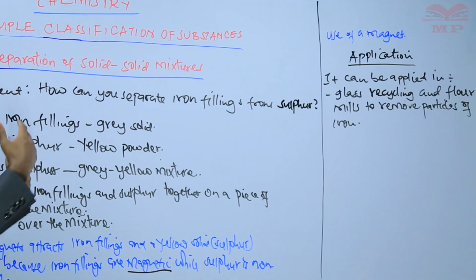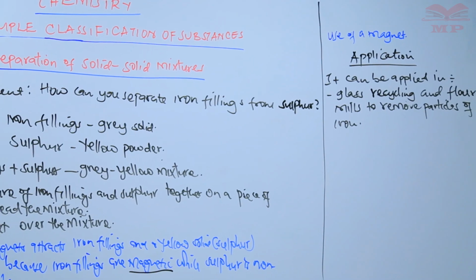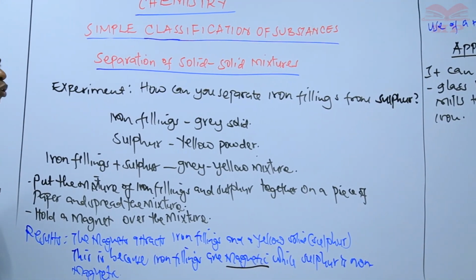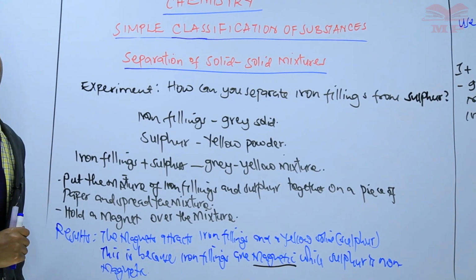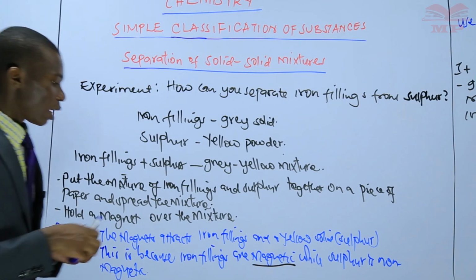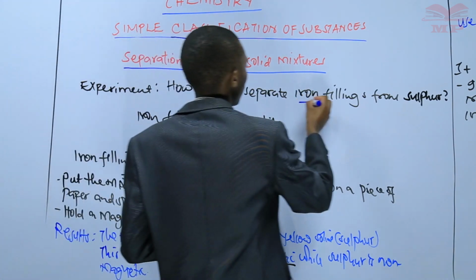And then maybe briefly to remind you of what we have said in this lesson. In this lesson, we are looking at separation of solid-solid mixtures. The solid-solid mixture we are discussing is iron filings and sulfur.